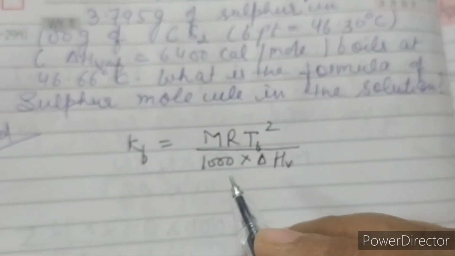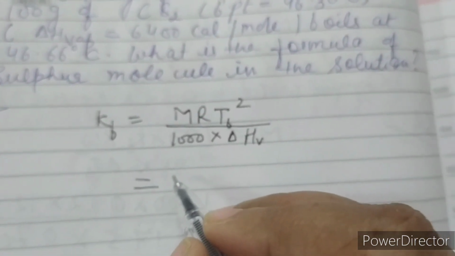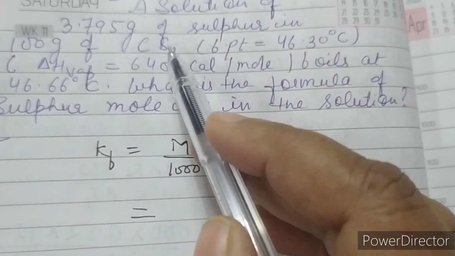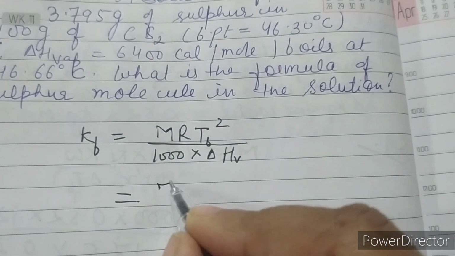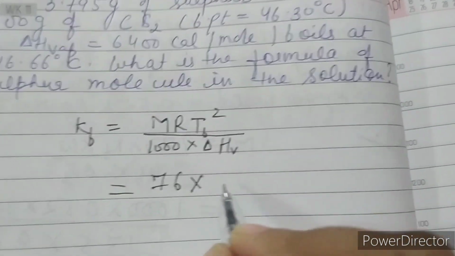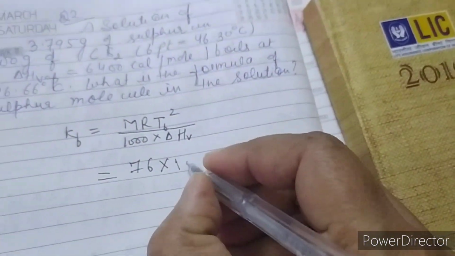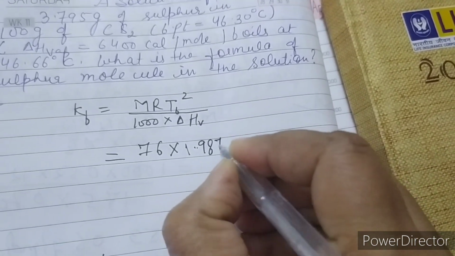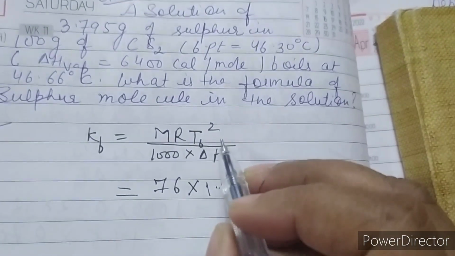Hvap. So here the molecular weight of carbon disulfide, CS2: carbon is 12 and sulfur 32 into 2 is 64. If you add, you will get 76, into the gas constant 1.987, into Tb square, that is the boiling point.